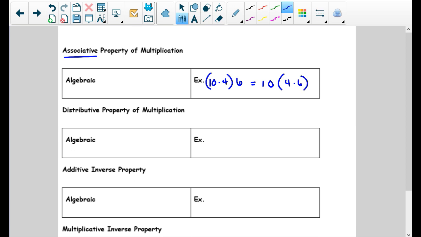Well, 4 times 6 is 24, times 10 is 240 then. So changing that order makes it a little easier to multiply. The same thing here algebraically: x times y, and then times z. And again, I can change that order, so x times y, and then grouping y and z together. So changing who it's grouped with, changing who it's associating with.